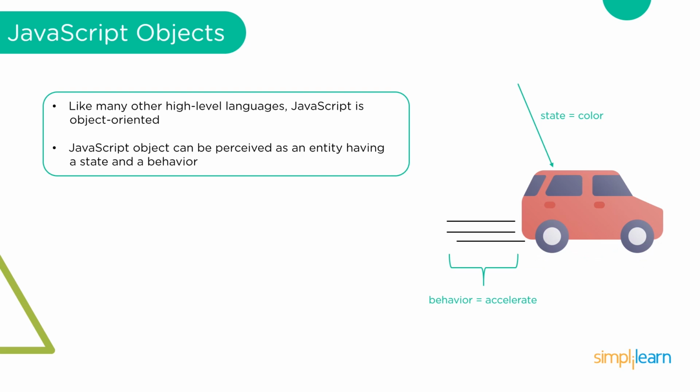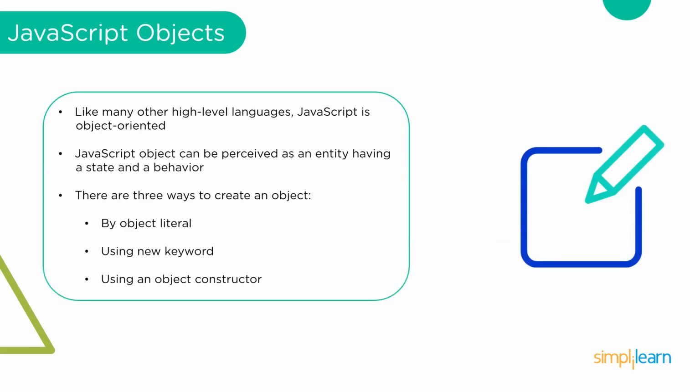In typical terms, state is the data being held, and behavior is what is applied on that data. In JavaScript, we have a variety of ways to create an object, but the three most important ways are: first, using object literals; second, using the new keyword, as we use it in standard C++ or Java programming; and third, a more special way, using an object constructor.